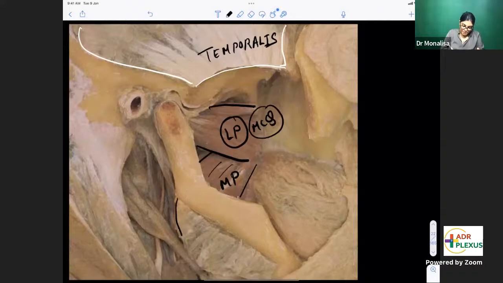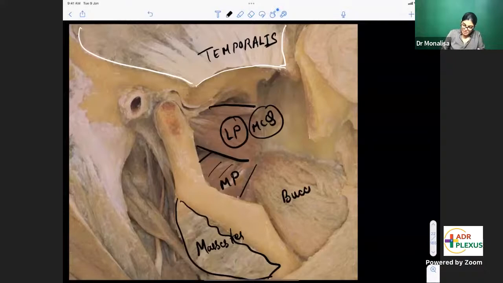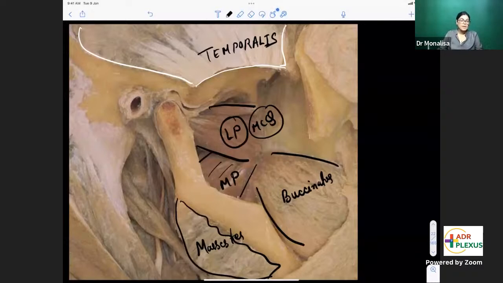Also, you can see a cut part of the muscle attached onto the ramus of mandible. This is masseter muscle. And this is buccinator muscle. So these are the muscles clearly identified in this diagram. Many aspirants have given the right answer that lateral pterygoid muscle is the muscle asked.